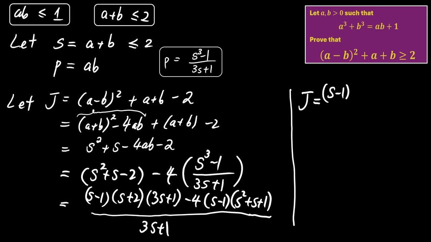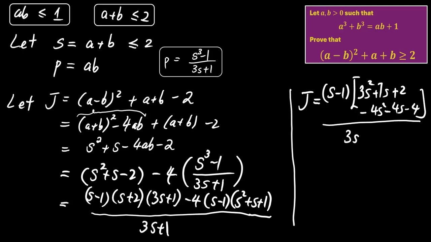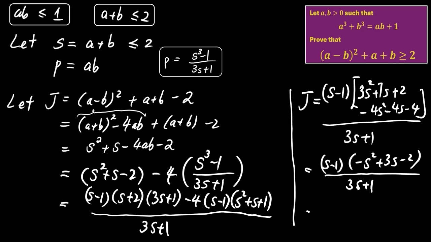s minus 1 times (3s squared plus 7s plus 2 minus 4s squared minus 4s minus 4) over (3s plus 1). So this is (s minus 1) times (negative s squared plus 3s minus 2) over (3s plus 1).